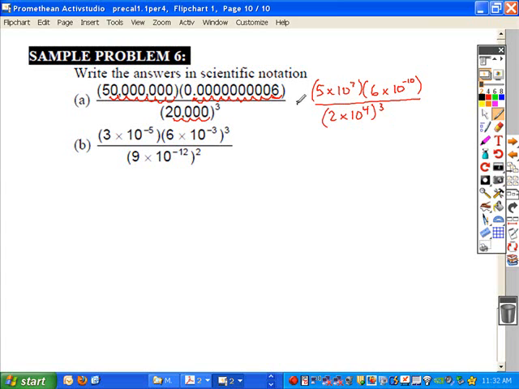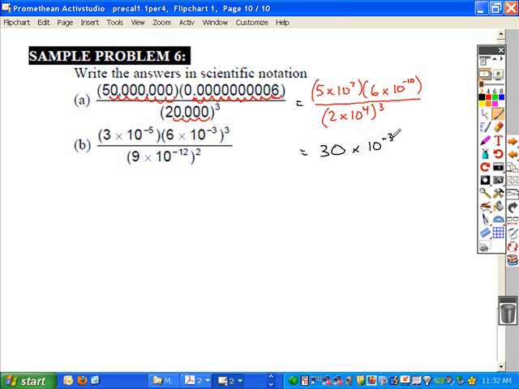Now, once you get it into this scientific notation form, you can apply the rules of powers that we just looked at in the early part of this section. What is 5 times 6? 30. What is 10 to the 7th times 10 to the negative 10th? 10 to the negative 3rd.